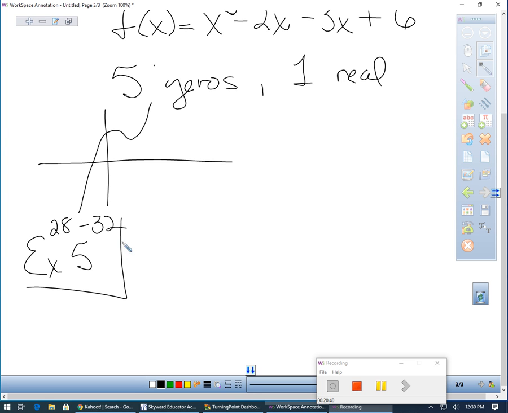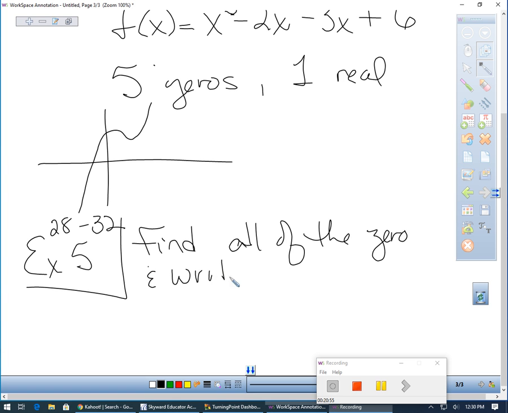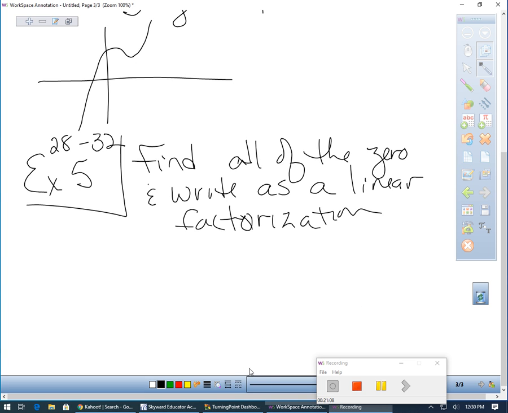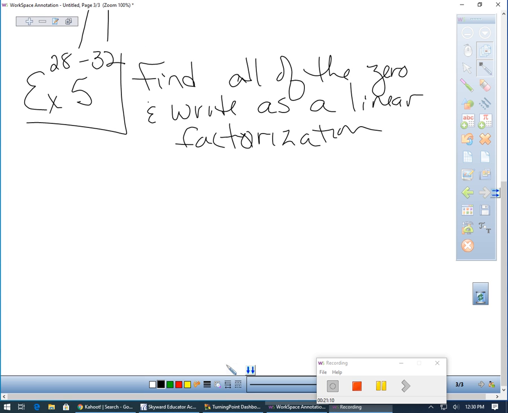It says find all of the zeros and write as a linear factorization. So what that means is after I get my zeros, I'm going to write it out as factors and not just as x equals blah, blah, blah.